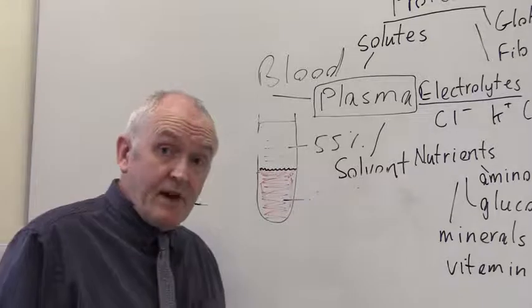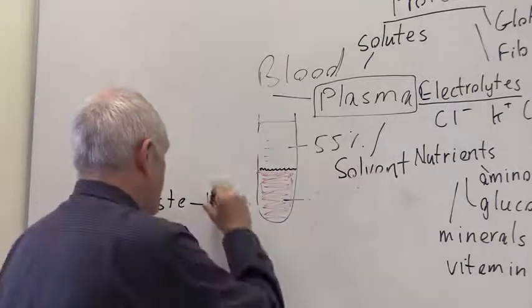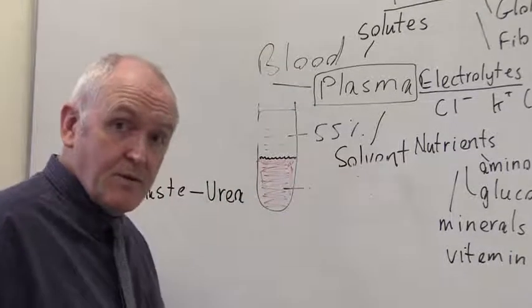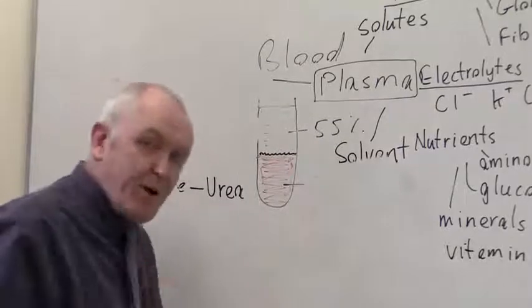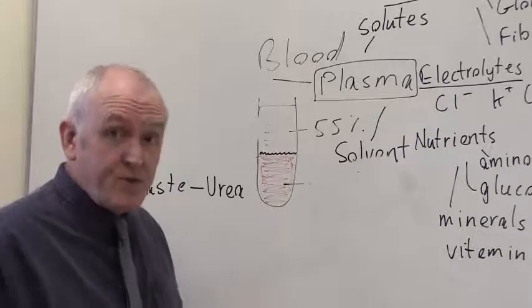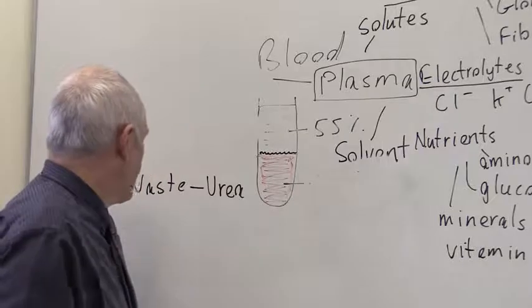So what happens is the liver converts the nitrogen waste product into urea. And urea is highly soluble, it's produced by the liver, and its purpose is to carry nitrogen waste from the liver to the kidneys where it can be excreted.